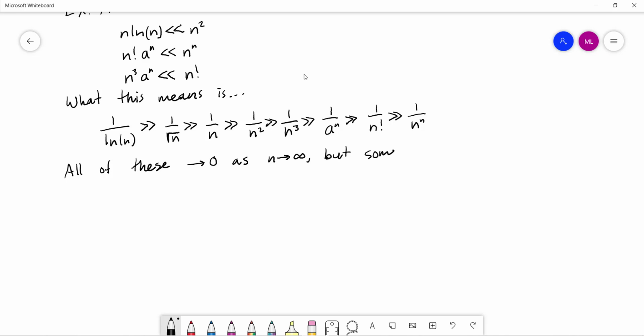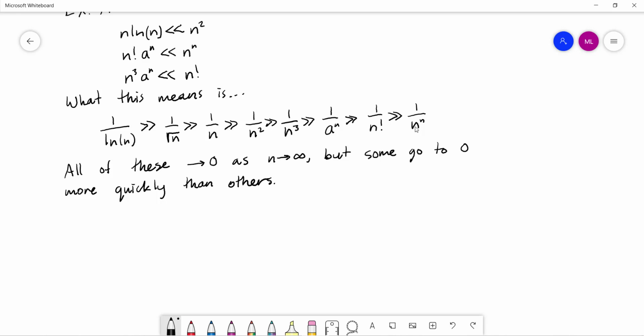But some go to 0 more quickly than others. This one goes to 0 slowly because the denominator goes to infinity slowly. This one goes to 0 very, very, very quickly because the denominator goes to infinity very, very, very quickly. So all these terms are going to 0.